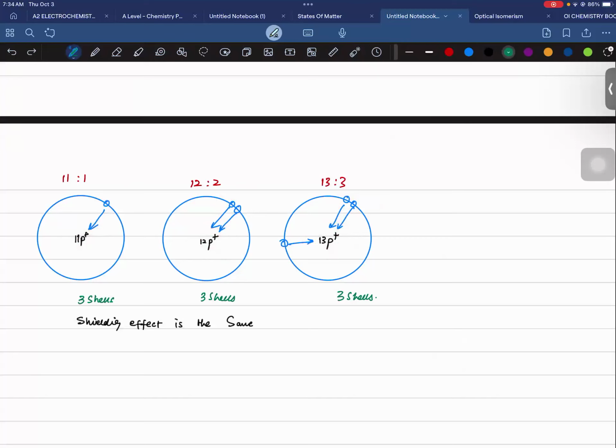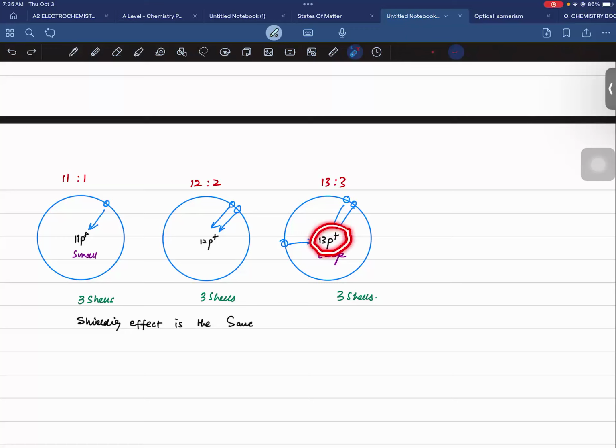So let's suppose 13 protons and 11 protons. It's just like a small magnet and a big magnet. This is a small magnet, this is a large magnet. Obviously the large magnet has a stronger attraction. So due to more protons, it has a stronger attraction.